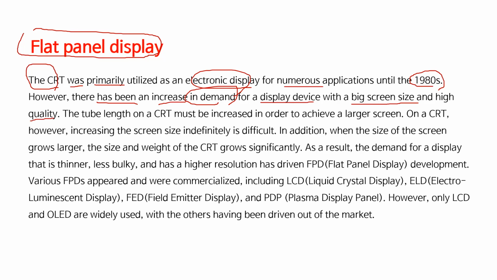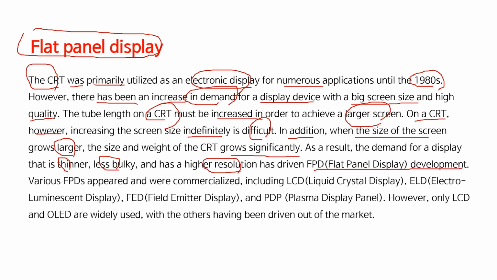The tube length on this CRT must be increased in order to achieve a larger screen. On a CRT, however, increasing the screen size indefinitely is difficult. In addition, when the size of the screen grows larger, the size and weight of the CRT grows significantly. As a result, the demand for a display that is thinner, less bulky, and has a higher resolution has driven flat panel display development.